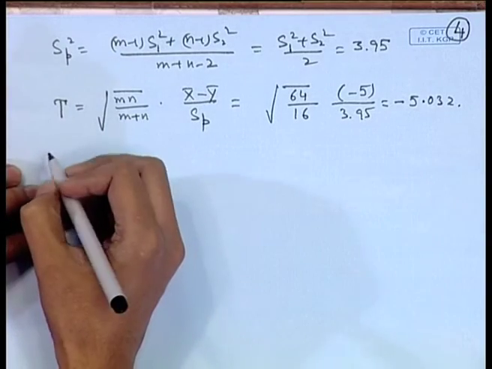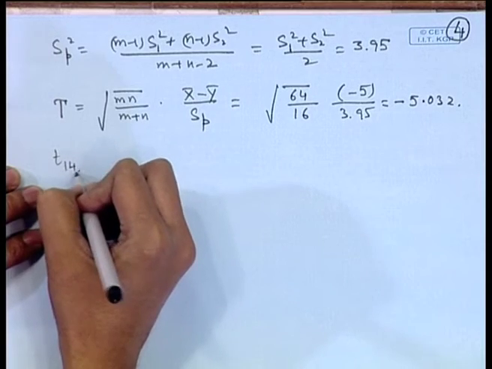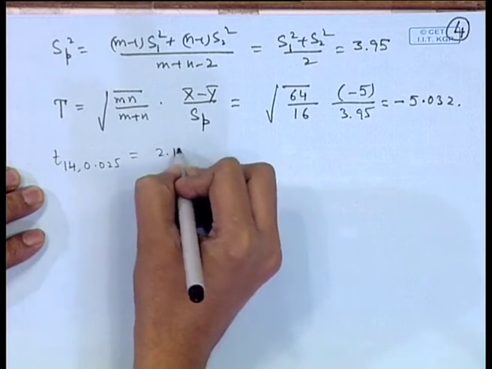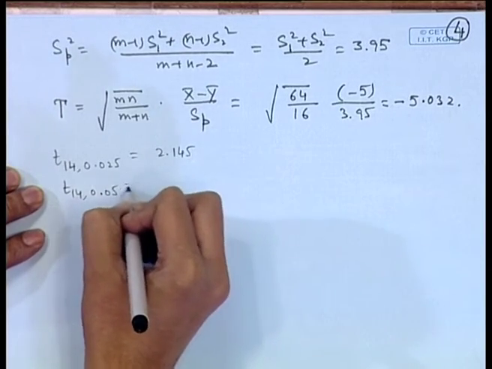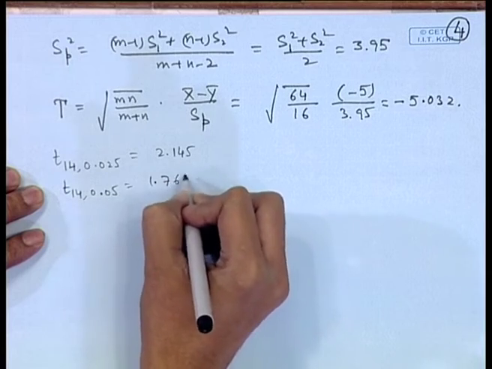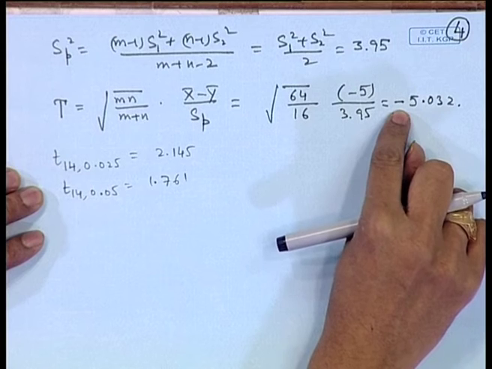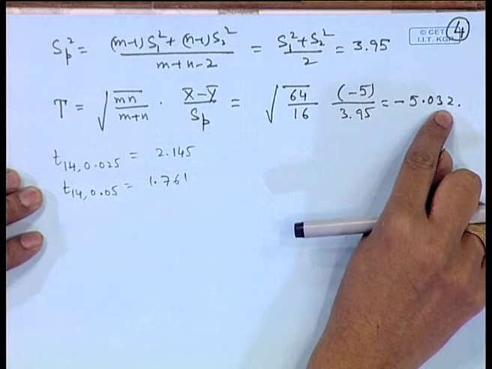If we see here T_14 at 0.025 level, then it is 2.145, T_14 at 0.05 is 1.761, etc. You can see here the calculated value of the T statistic is minus 5.032.